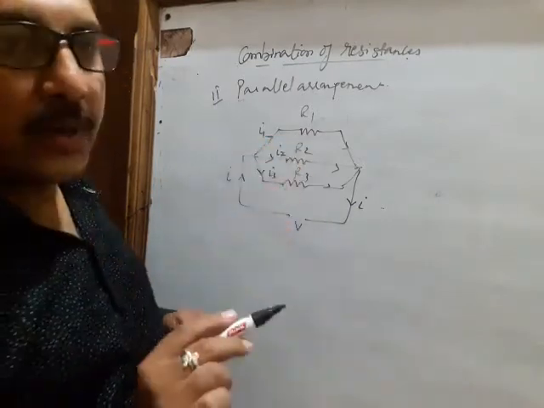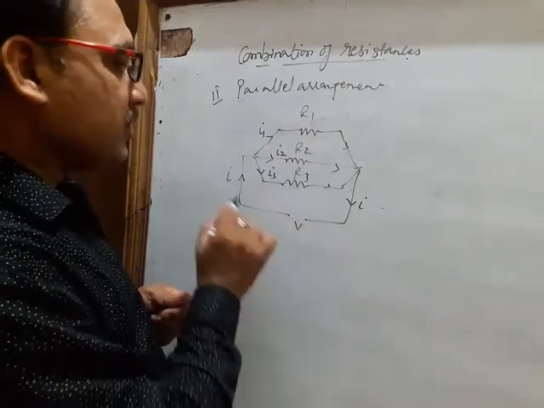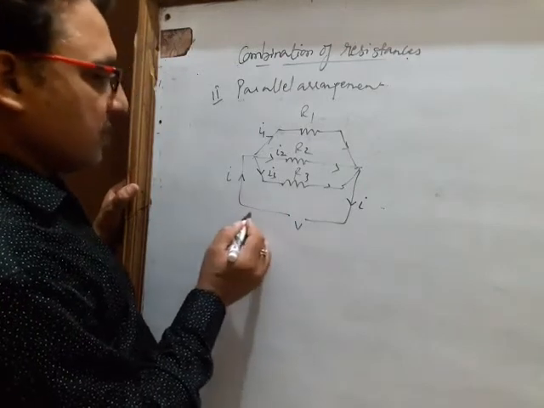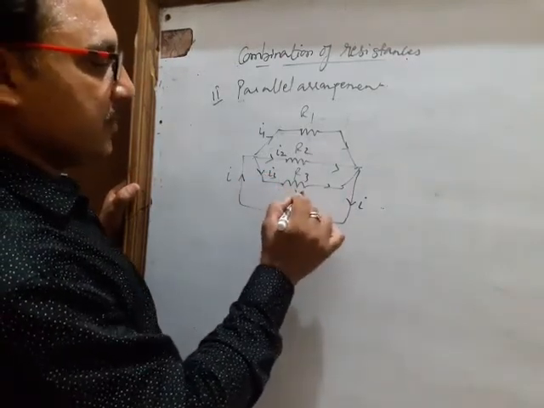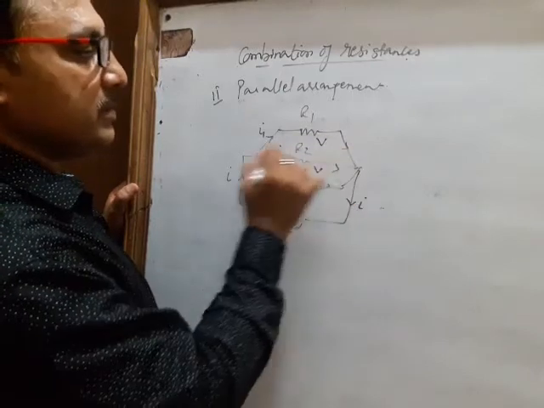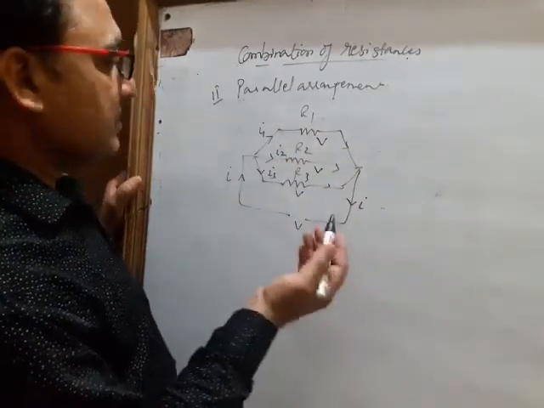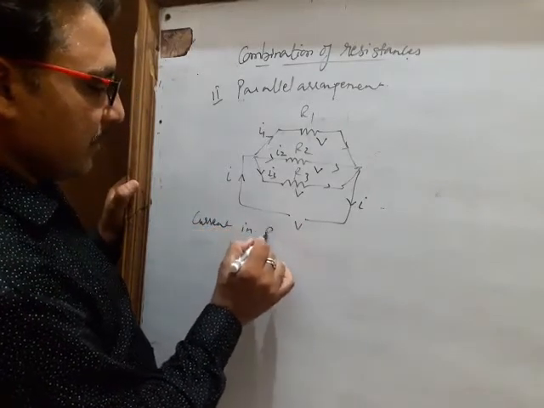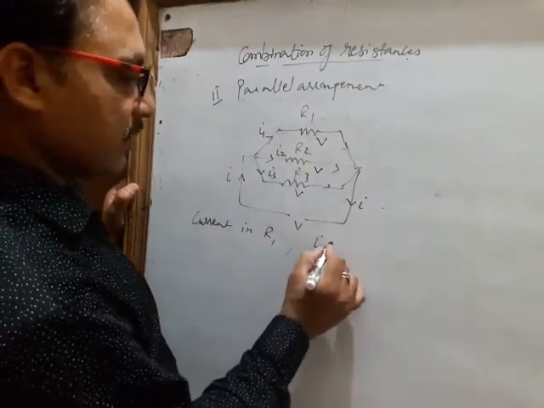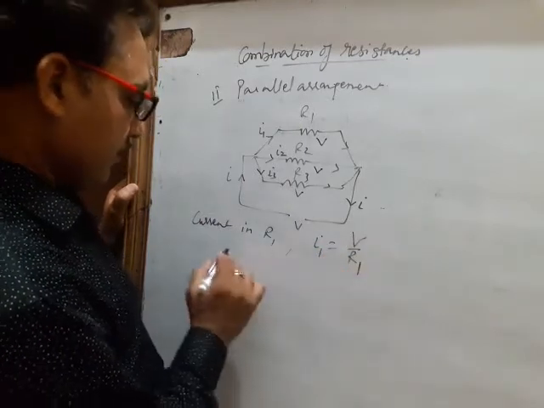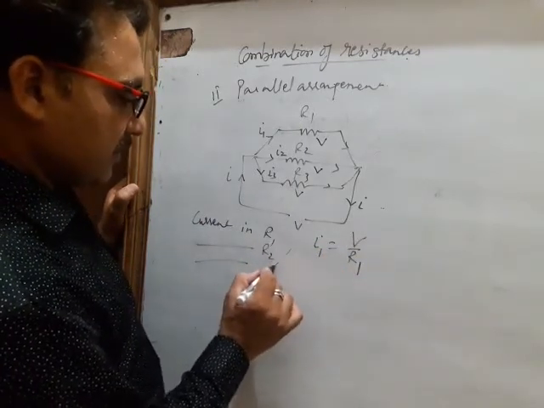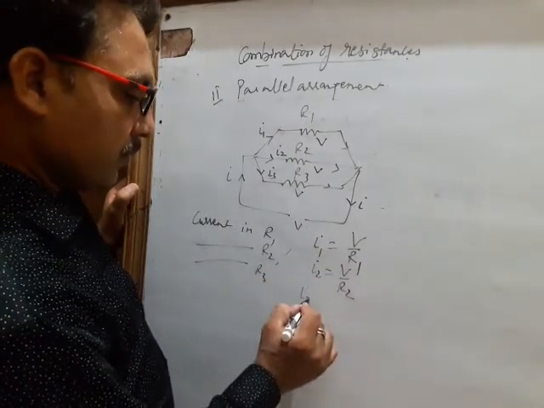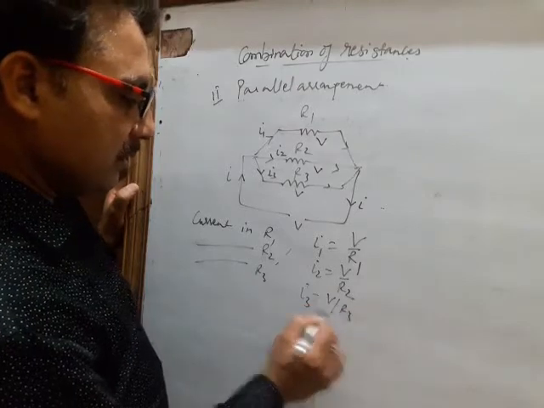The current in each branch is different while the potential difference across each branch remains the same, V. So I1 equal to V upon R1. Likewise for R2 and R3, I2 equal to V upon R2, I3 equal to V upon R3.